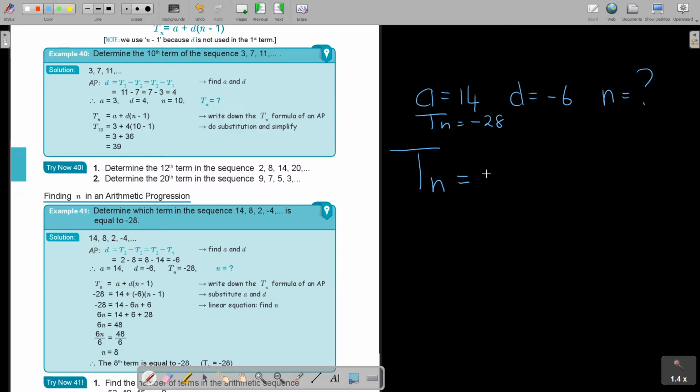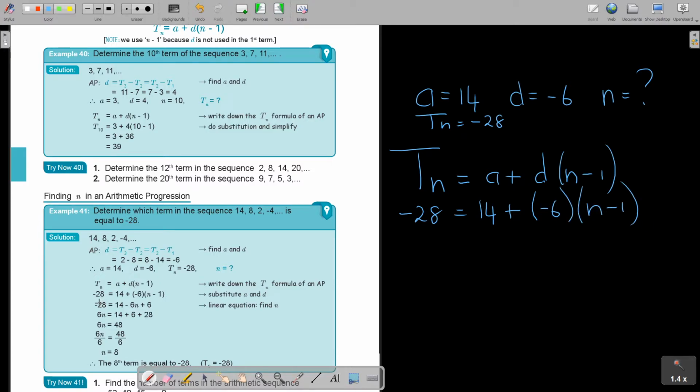For an AP, let's write it down: A plus (n minus 1) D. I'm just going to keep to the textbook. But now in the place of Tn, I put negative 28. It's just like algebra. And D is negative 6, and I'm looking for n. Did you see there? I just want to make it red.